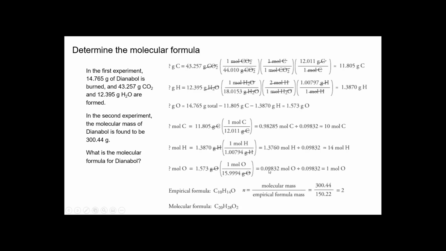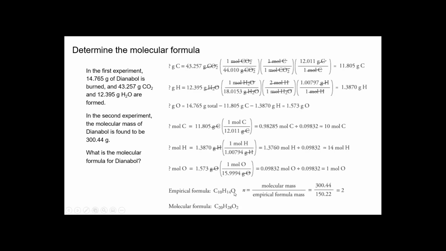No, it is. Sorry. There's a 0 here. I was looking at this one and this one. There's a 0. So this one would be the smallest. So they divided everything by the oxygen mole ratio, and that gives 10 moles of carbon, 14 moles of H, and 1 mole of oxygen. So when they put this in the empirical formula, it's C10H14O.